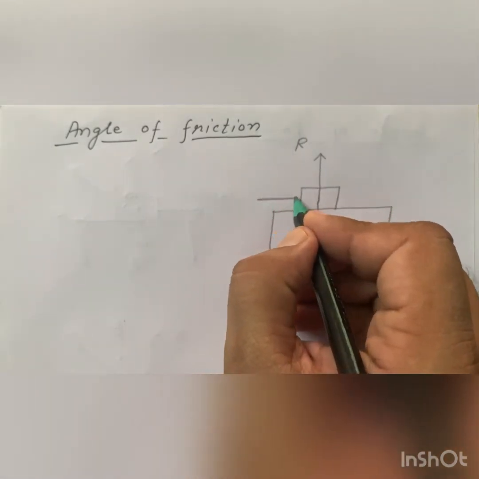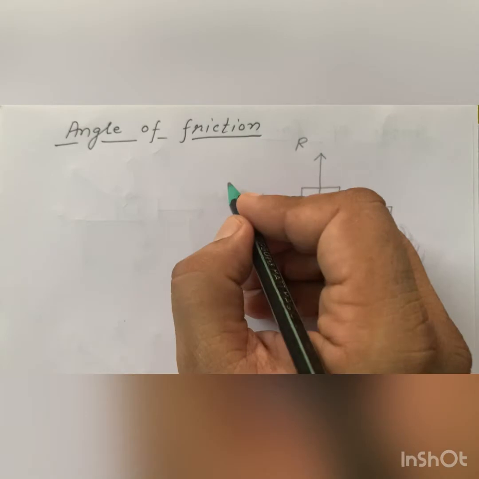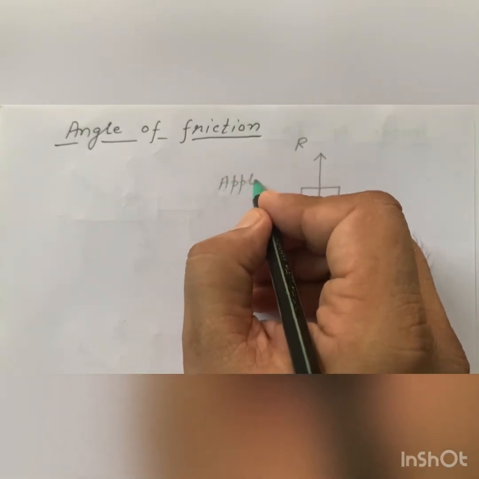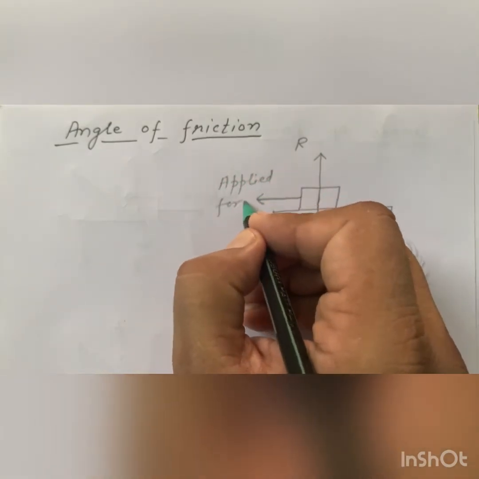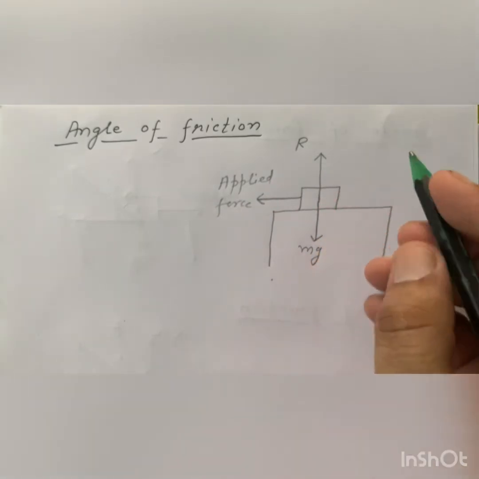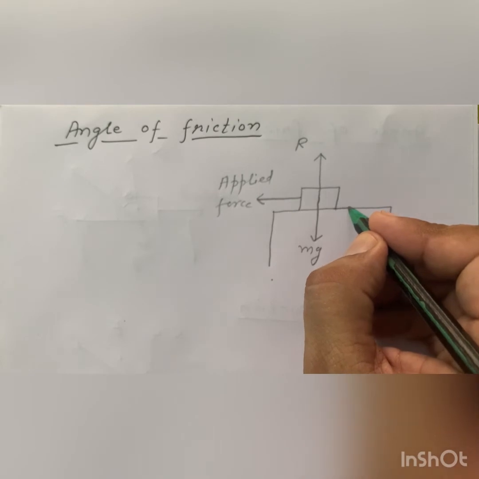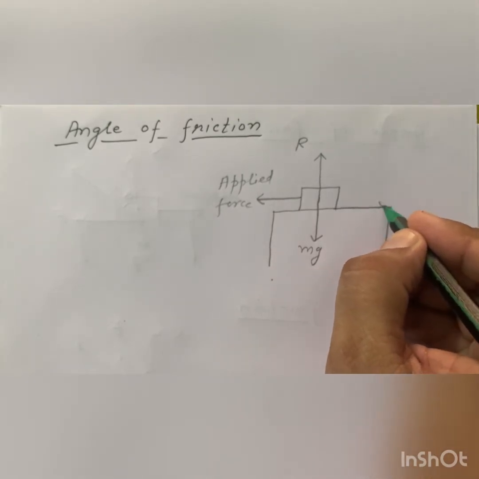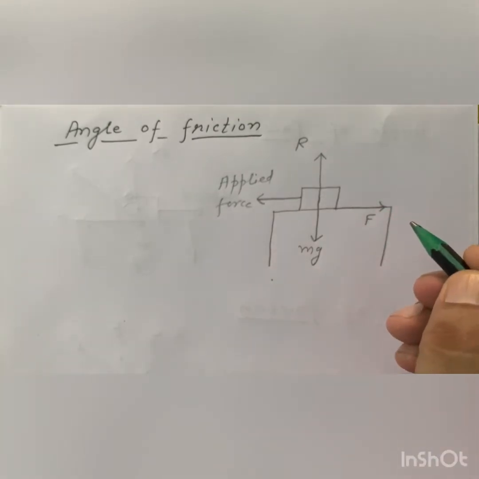Let us consider that we apply a force in this direction and the body is at the just verge of motion, so the force of limiting friction is in this direction.